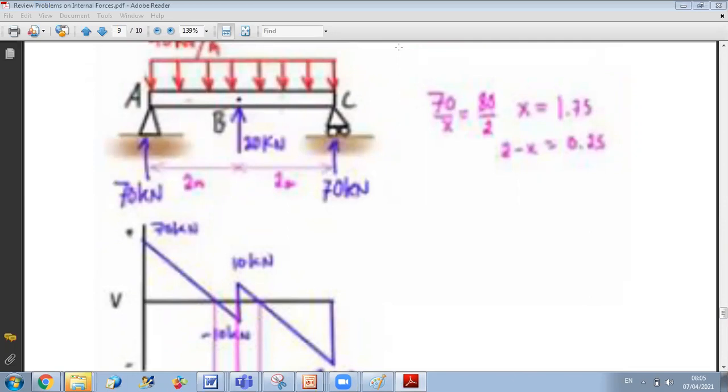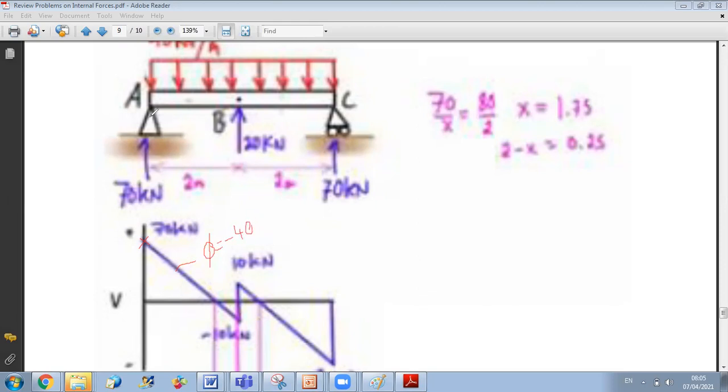So in the exam, if I ask you to draw the shear and bending moment diagram, you should do the following annotations. You put the main points. So here I have 70 kilonewton. Since it's a linear variation, you just specify the slope. So here the slope is equal to minus 40.